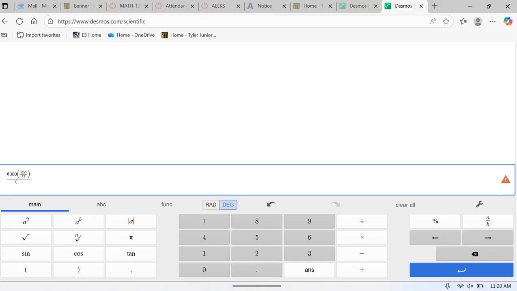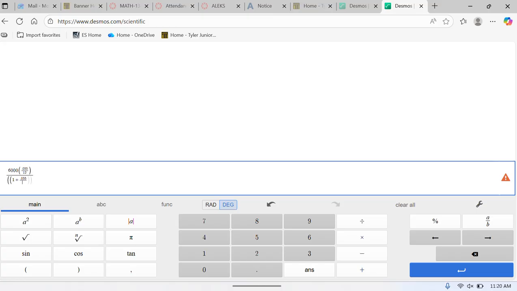I'm going to say parentheses, then another parentheses, 1 plus 0.055 divided by 12. And then I'm going to go outside, and close that parentheses, and then I'm going to use my little exponent button and say 24, and then go down and say minus 1. And then I can close that parentheses.